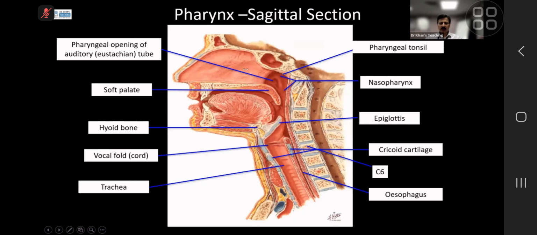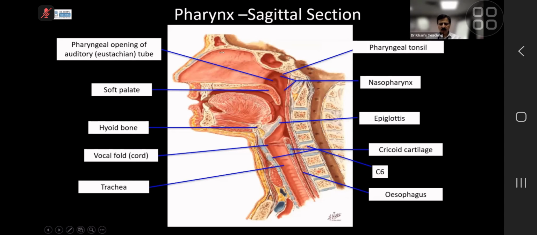Posterior to the nasal cavity is the nasopharynx, posterior to the oral cavity is the oropharynx, and posterior to the larynx is the hypopharynx, also known as the laryngopharynx. In many anatomy textbooks, you will see that word. It is the same thing. So you should have a clear-cut idea of the boundaries and how we define them.